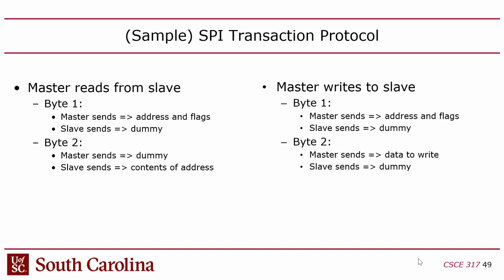Unfortunately, that's just the way people build these protocols on top of SPI. Likewise, if I'm writing, both bytes just go in one direction. The master sends an address and its intention to write in the first byte, and the second byte is the data it wants to write. There's nothing necessarily to come back. You may just get zeros coming back.